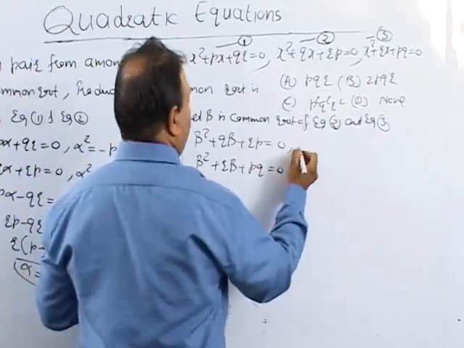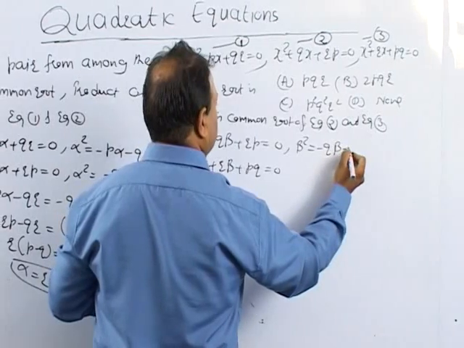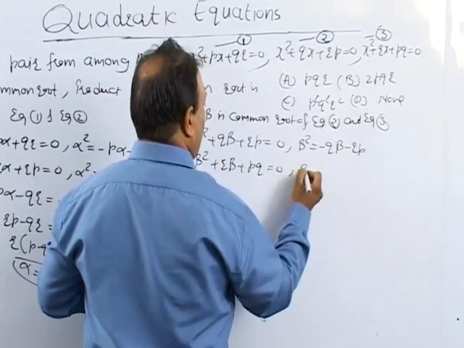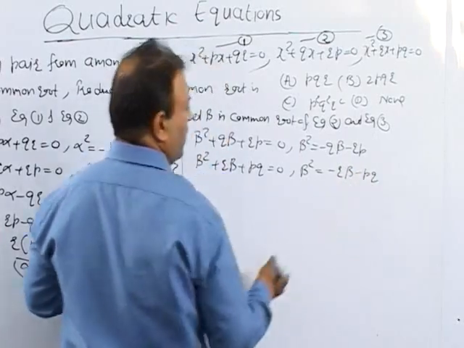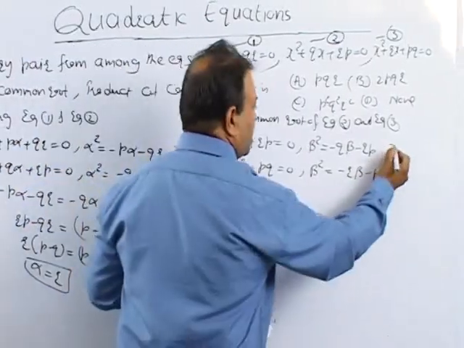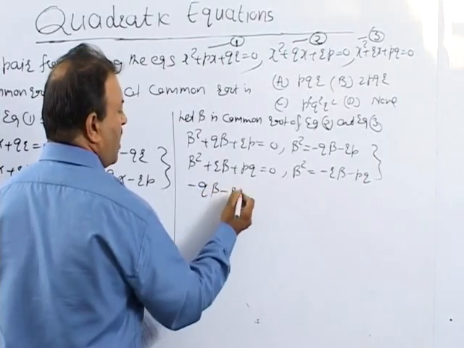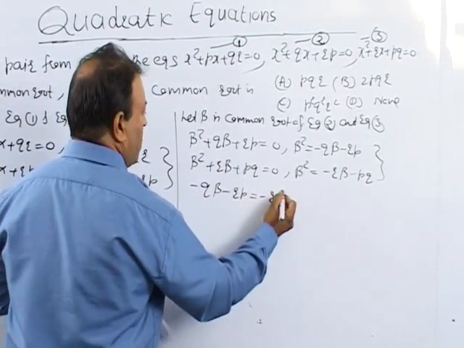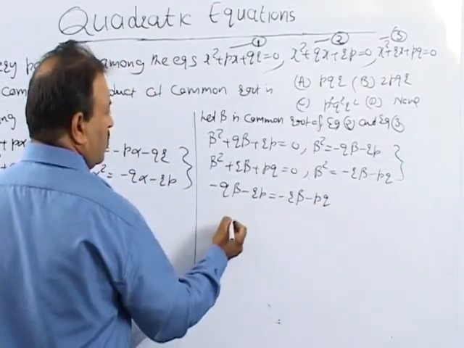In the same way, beta square is equal to minus q beta minus rp, and beta square is minus r beta minus pq. Now we got two expressions for beta square, so we can equate them: minus q beta minus rp is equal to minus r beta minus pq.